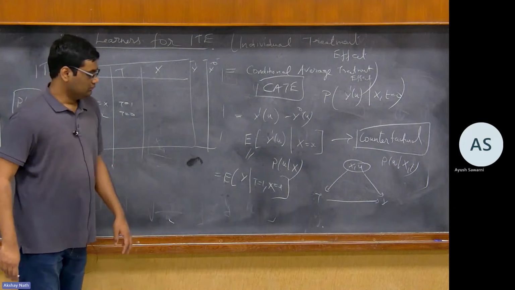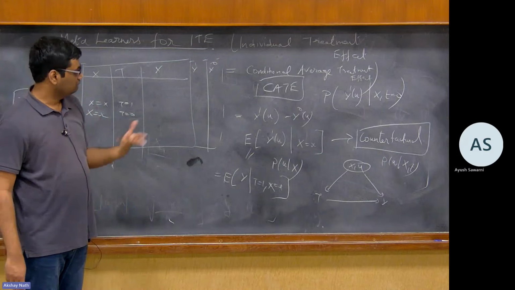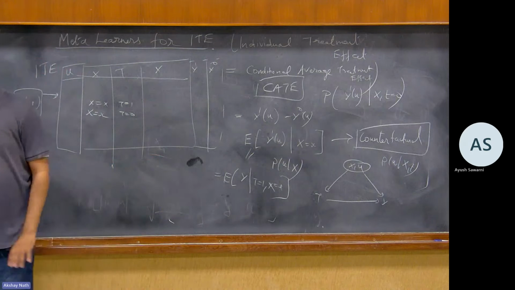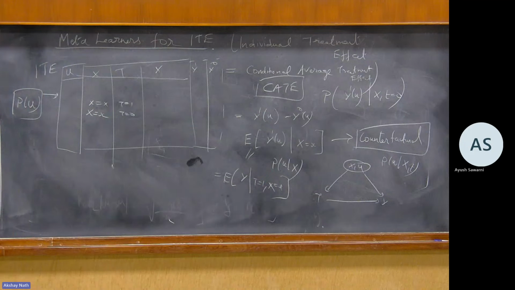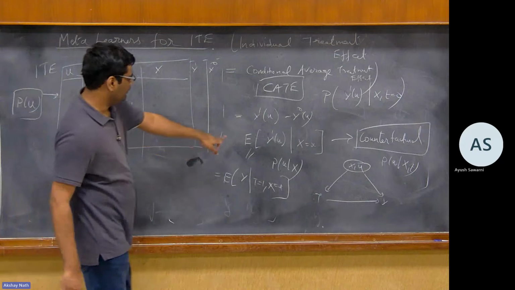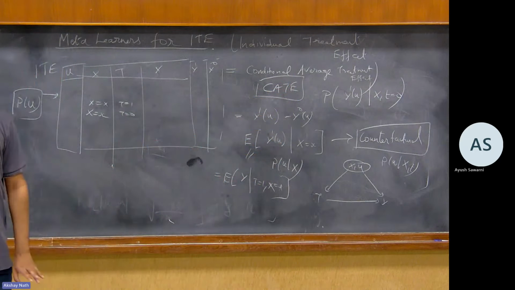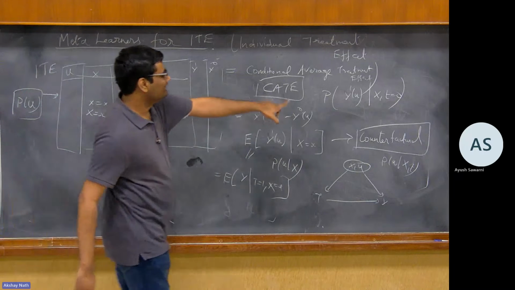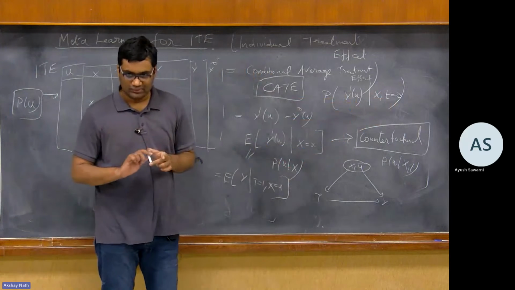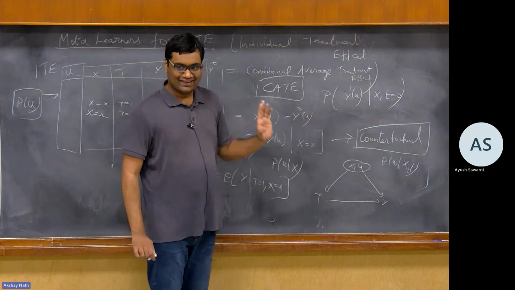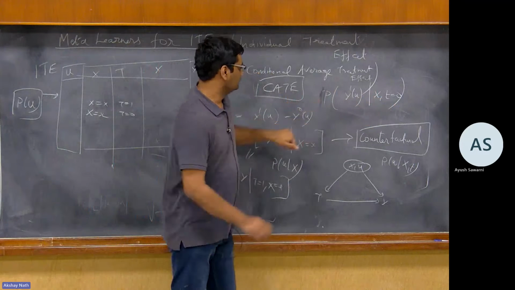But for the Y1 given T is equal to 0, you will never observe that, and it's a very complicated thing. We will come to that a bit later. But I'm going to only estimate the conditional average treatment effect. Is that clear? This is very important. But now, having said that, I'm going to say one more thing.